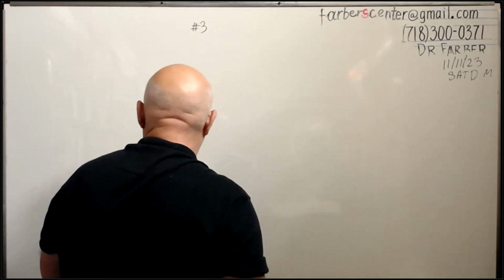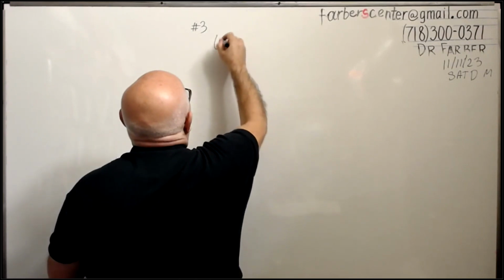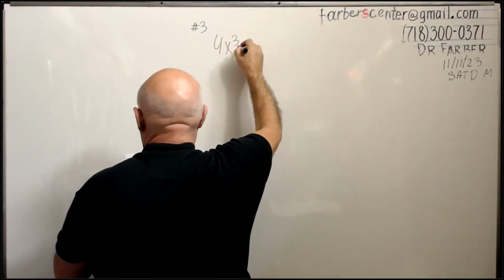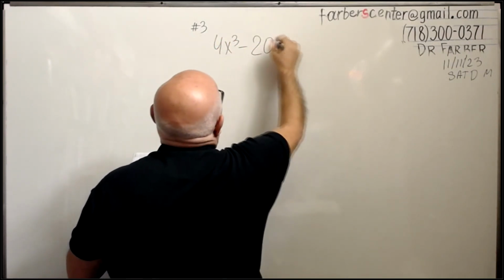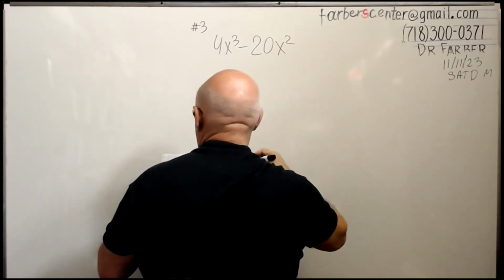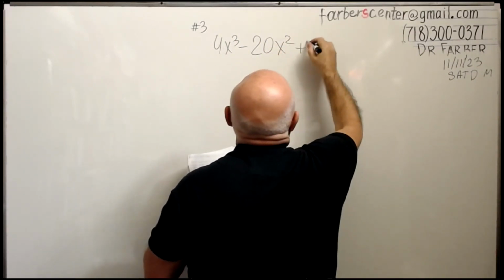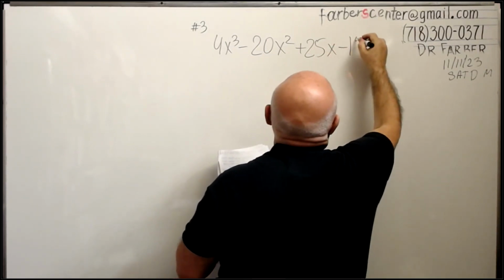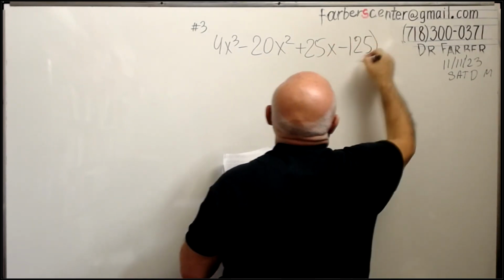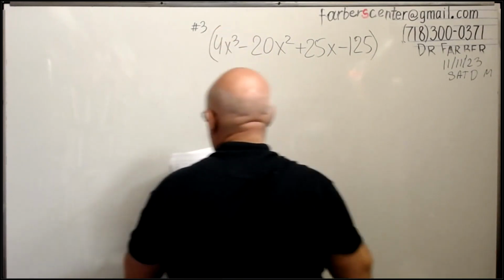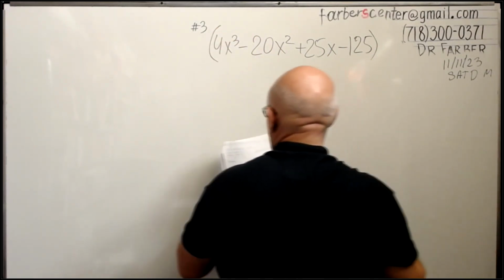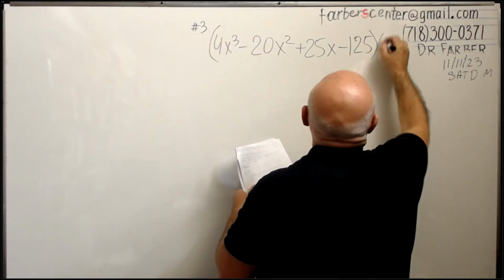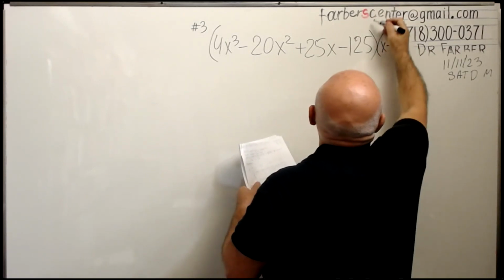We have 4x cubed minus 20x to the second plus 25x minus 125 divided by x minus 6. This is divide.